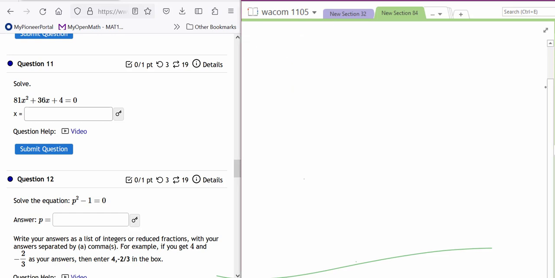11 looks to me like another perfect square trinomial. You just have to verify that for the factoring. It is an equation, has the equals. It has an exponent of 2, so you know it's this kind.